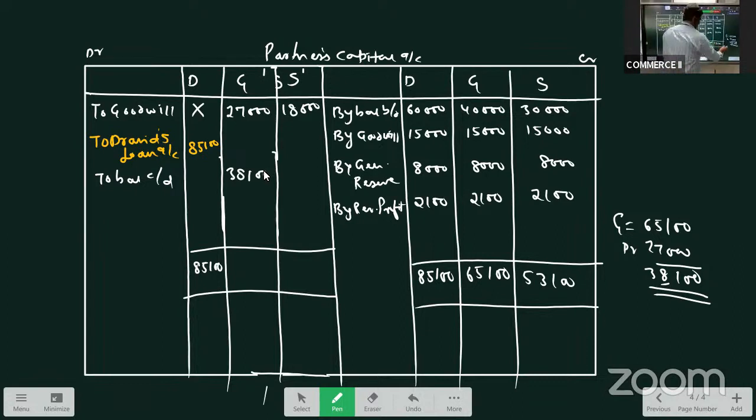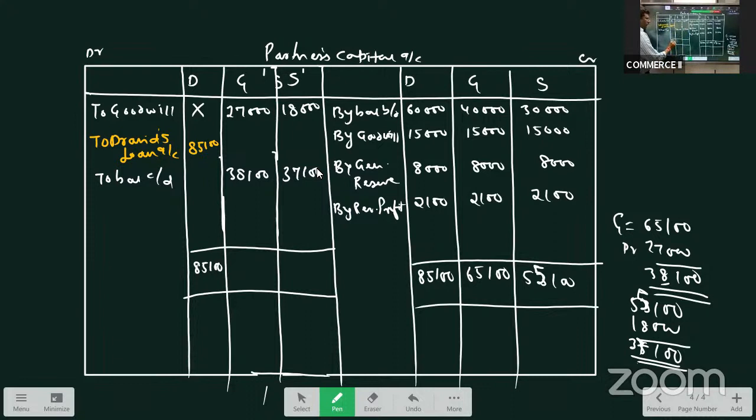And then similarly, Sachin's credit was 53,100 and debit we have 18,000. So deduct. 55,100 minus 18,000 is 37,100.